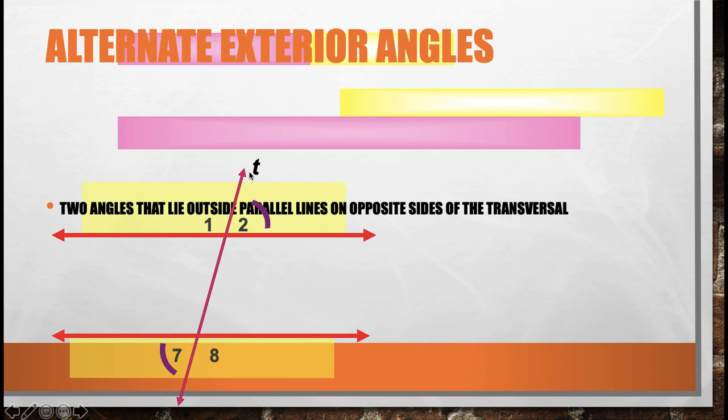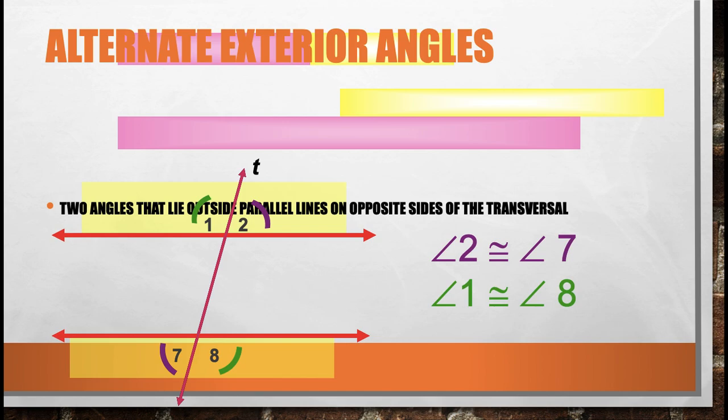This transversal I have named T. Now the next pair is 1 and 8. Here I have written that the pairs of alternate exterior angles are 2 and 7, and angle 1 and angle 8 are alternate exterior angles.